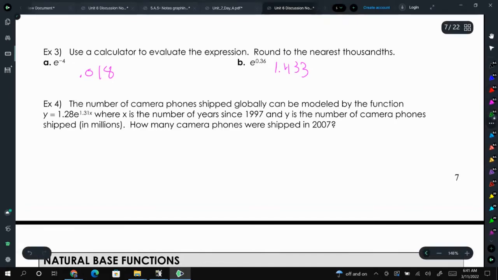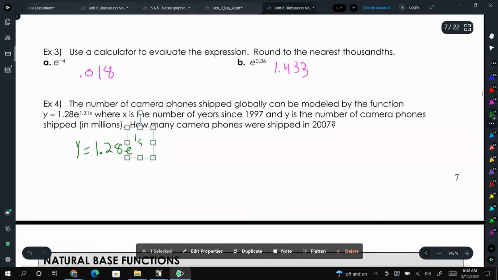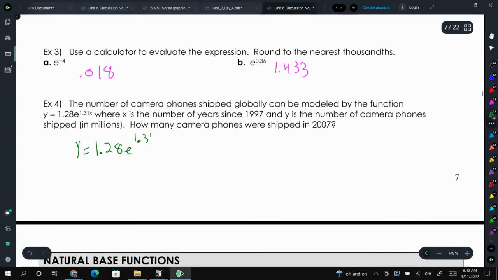So we have that function, y equals 1.28 times e to the 1.31x, but we know what x is. We're going to plug in 10, because x is the number of years since 1997, and we're trying to figure out how many were shipped in 2007, which was a 10-year window.